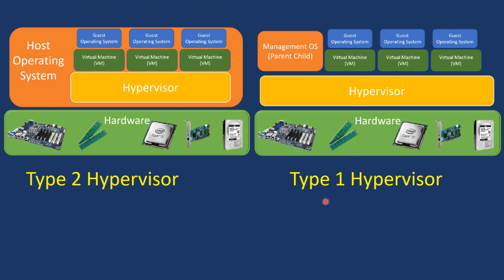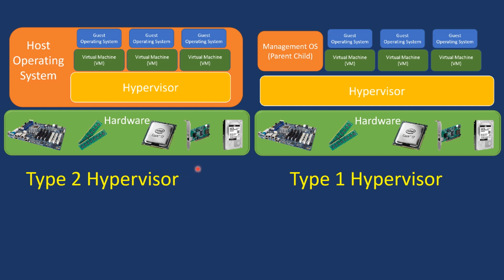Whereas in type 1 hypervisor, when you install the hypervisor, the virtual machines, if they want anything from the hardware, will send the request to the hypervisor, and the hypervisor directly accesses the hardware. So this is the difference between type 1 hypervisor and type 2 hypervisor.